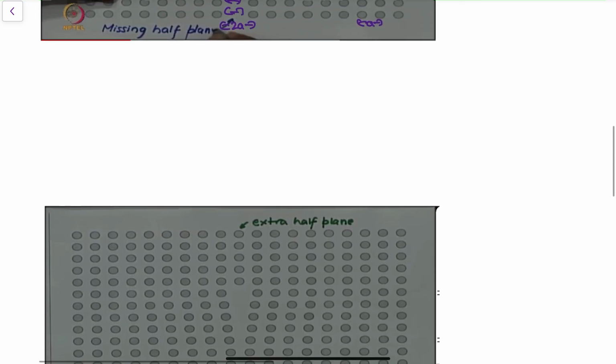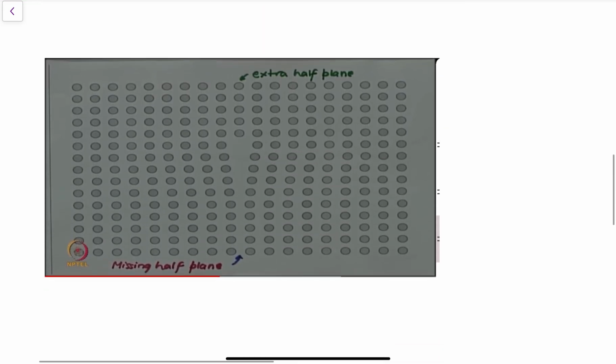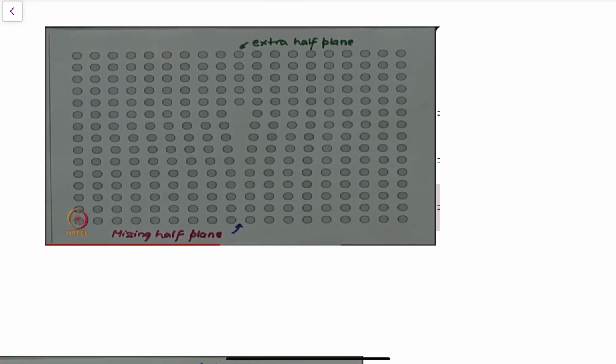So that means if you look at only this portion, you cannot find any missing half plane, and you cannot find an extra half plane. Similarly, if you look below this line, there is no missing half plane.